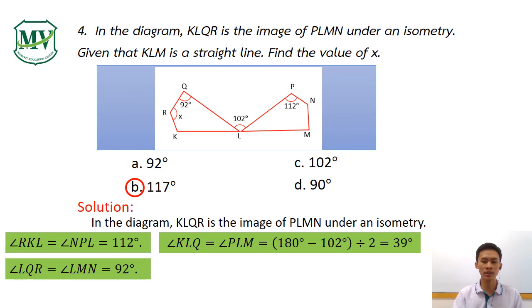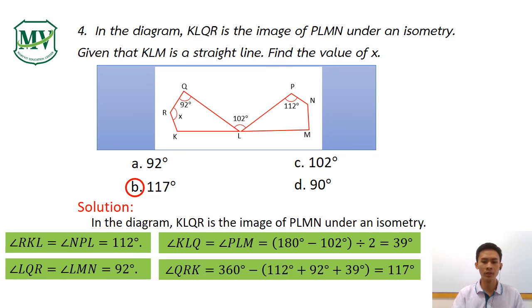So the answer is 39 degrees. To find the angle QRK, which is the X, we will solve 360 degrees minus the quantity of 112 degrees plus 92 degrees plus 39 degrees, which is equal to 117 degrees. Therefore, the value of X is equal to 117 degrees.